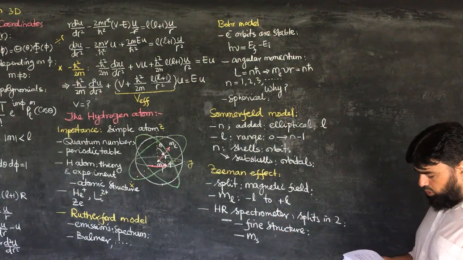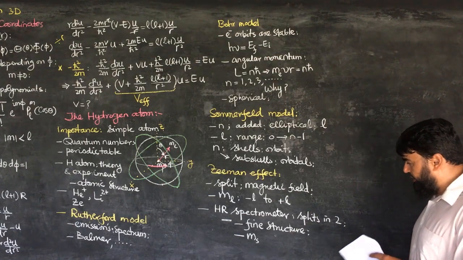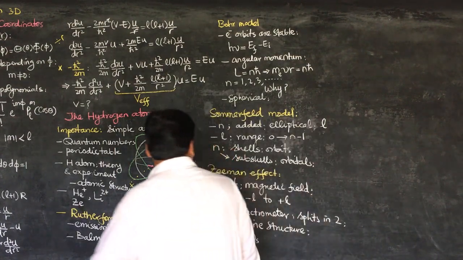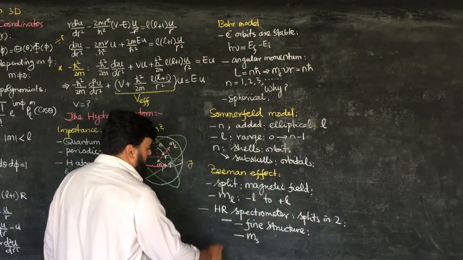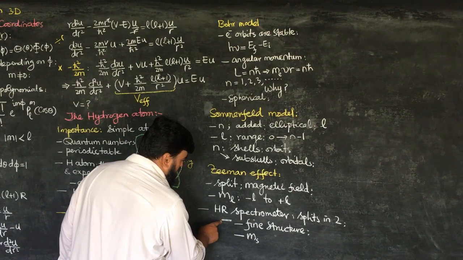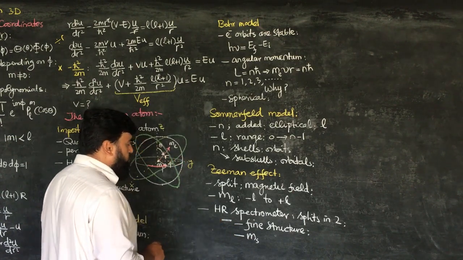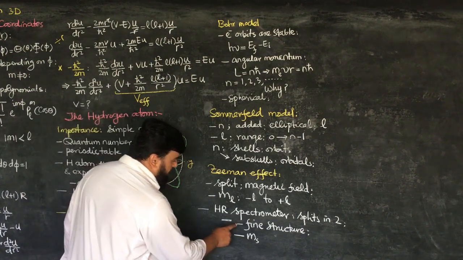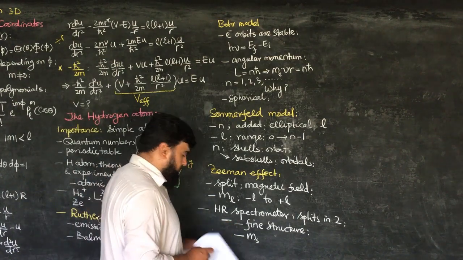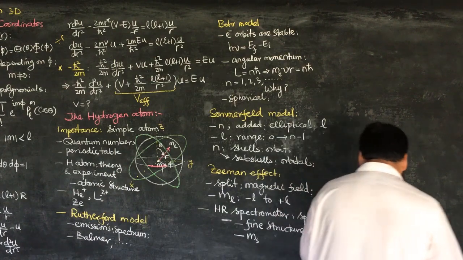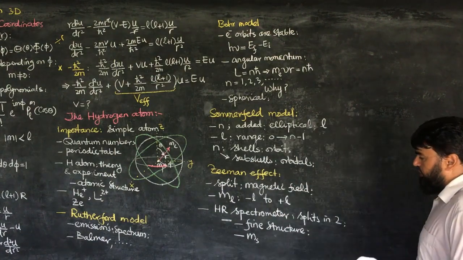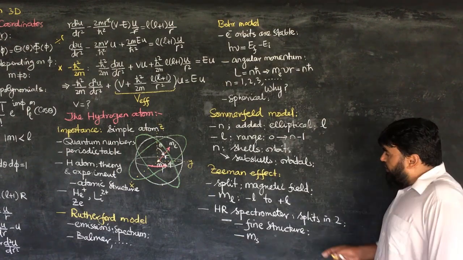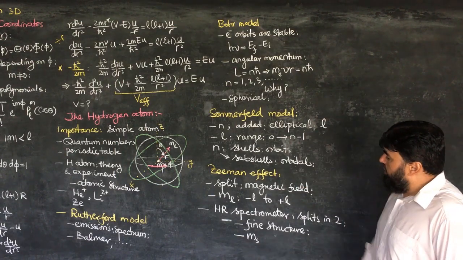So spin was introduced there, and another quantum number came to solve the problem of the high resolution spectrometer, why a given line is composed of two lines, and it was attributed to the spin of the electron.